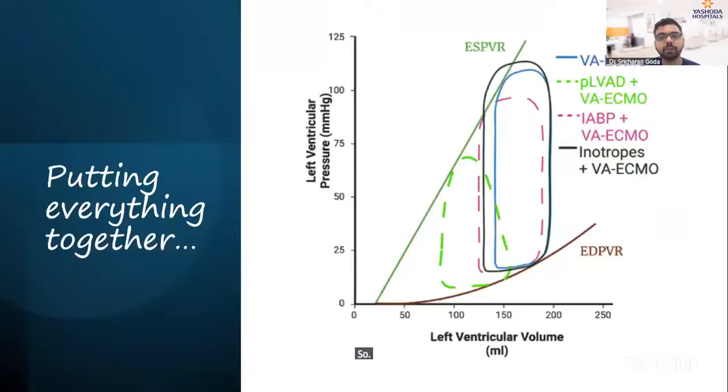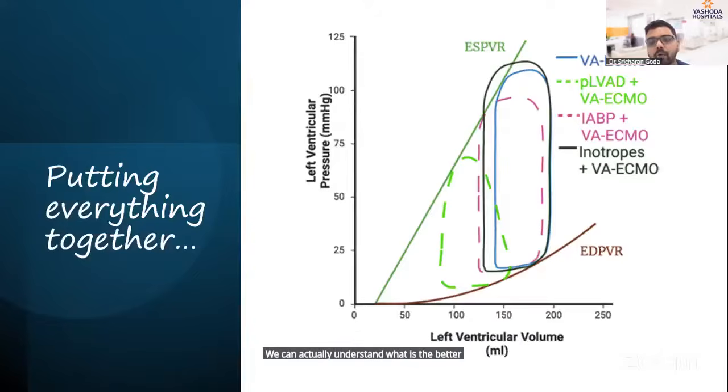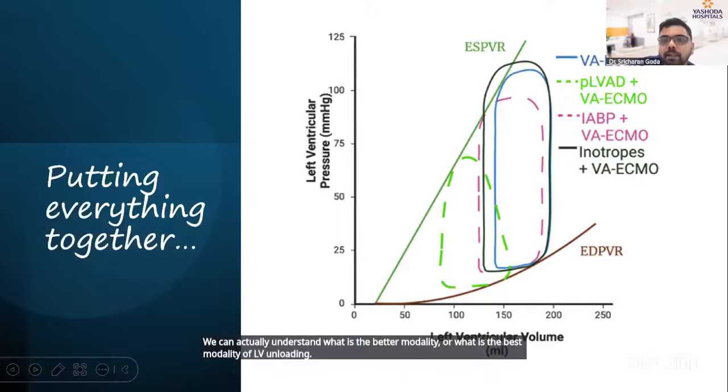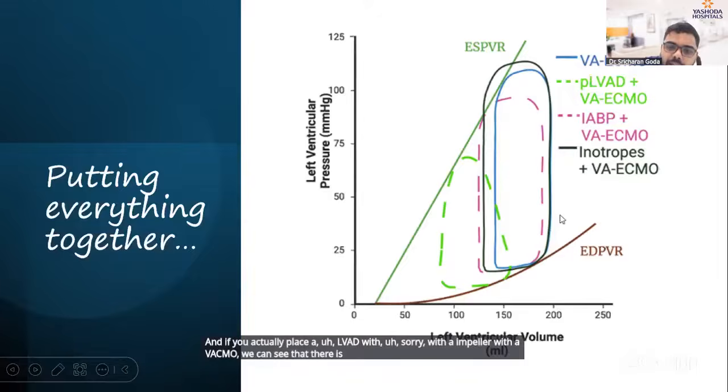So putting everything together, if we superimpose all these pressure volume loops on one another, we can understand what is the best modality of LV unloading. We can see that the blue curve is the VA ECMO. And if you place an LVAD, the Impella, with VA ECMO, we can see there is a significant decrease in the end diastolic volumes.